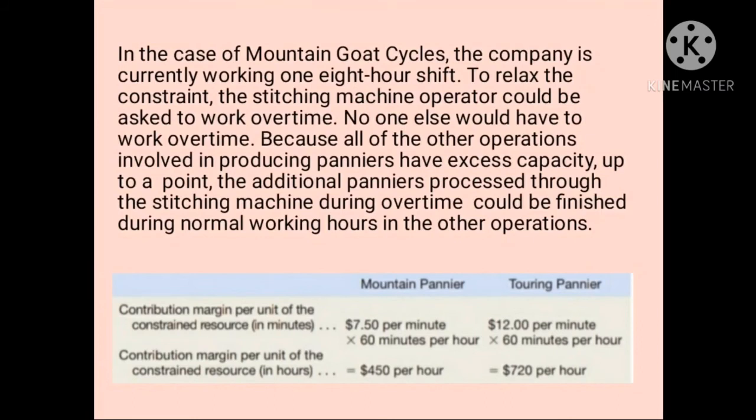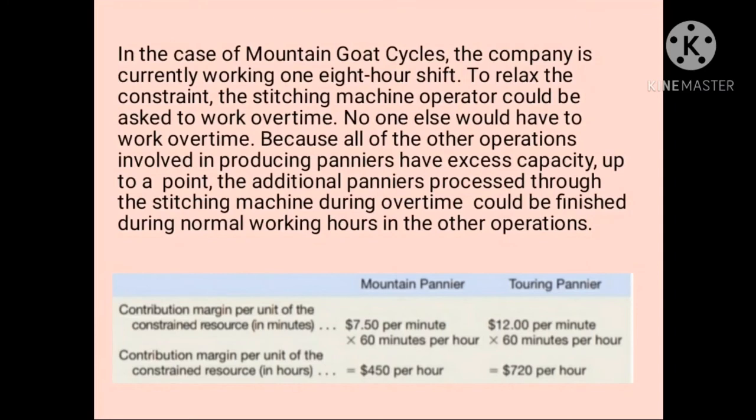Suppose, for example, that the stitching machine operator is paid $20 per hour during normal working hours and time and a half, or $30 per hour, for overtime. In this case, the premium for overtime is only $10 per hour, whereas in principle, the company should be willing to pay a premium of up to $720 per hour.